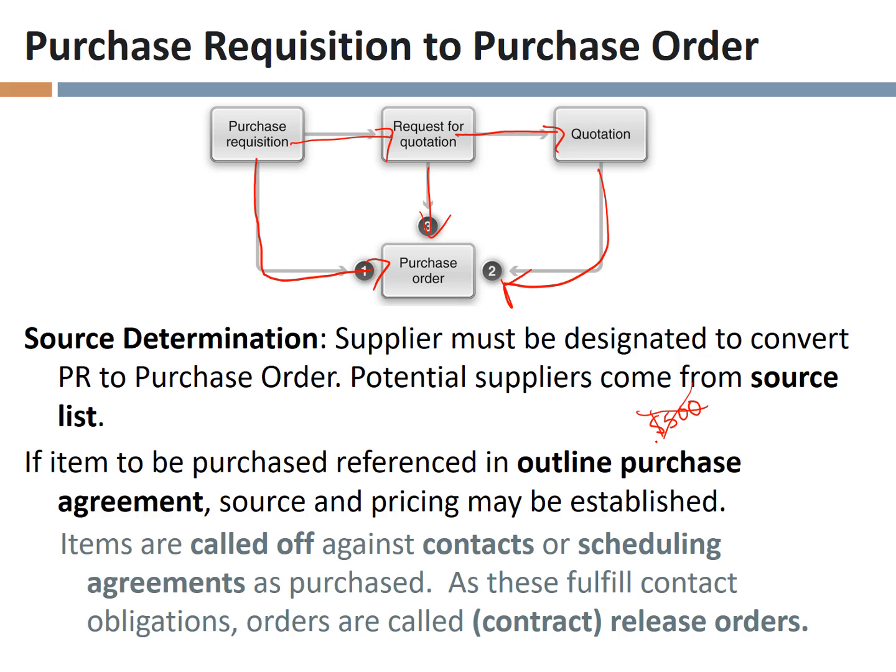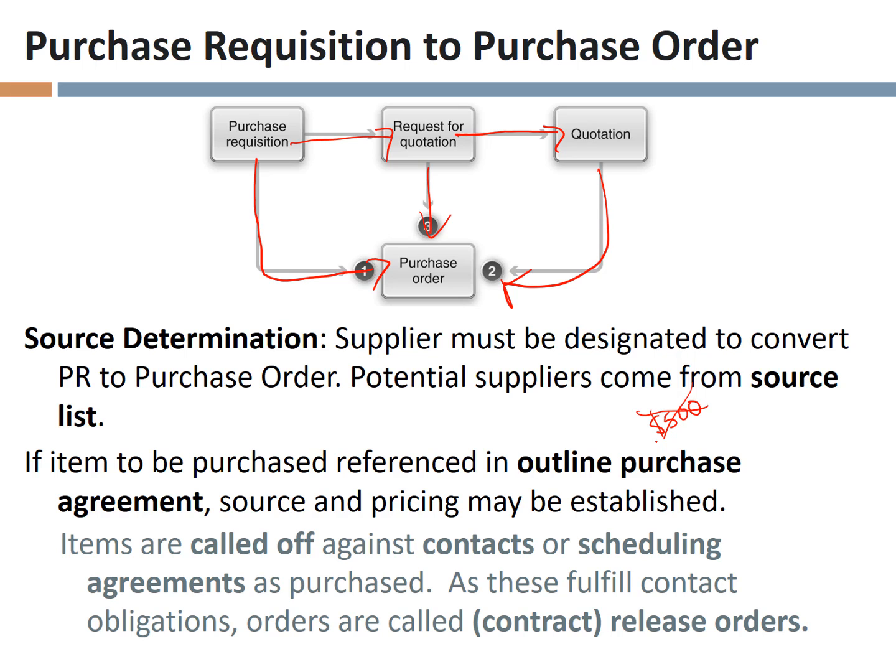Well, in this situation, I submit a purchase order for 100,000 pounds in quarter one. This purchase is being called off against a scheduling agreement, which means I've fulfilled part of my requirement here. It may well be that once I buy beyond this 250,000 pound amount, maybe I get a discount on additional purchases.